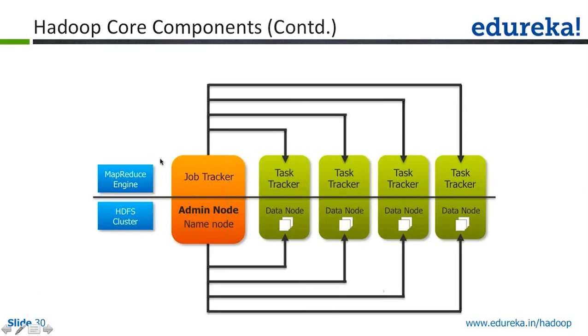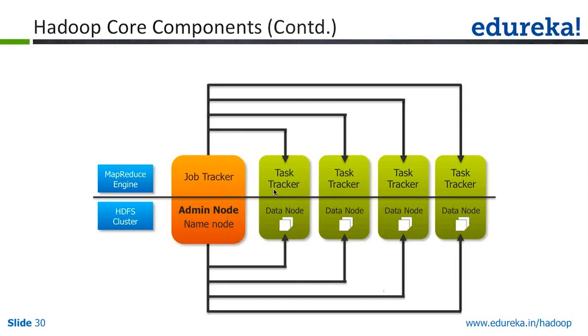Basically, for now, just understand that there's something called a job tracker and something called a task tracker. Job tracker is associated with the master node. The task tracker is associated with the data node. Task trackers and data nodes are the polling stations. The task tracker could be the program which is running for counting the votes at the polling station.